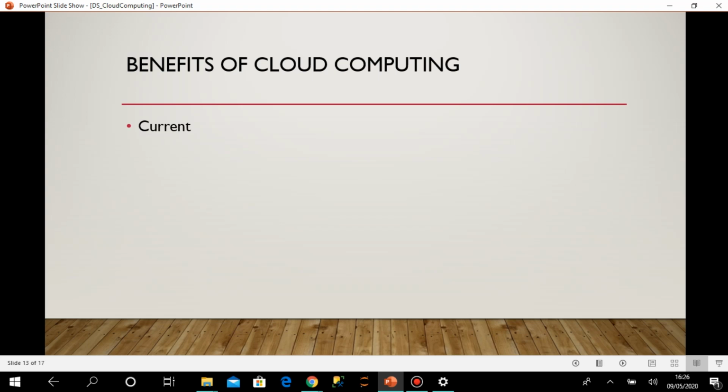So whether it is hardware or software, you always get the best one, the current one. I can say it's a major benefit of cloud computing, because otherwise we always have to bother about these things whenever we are working. But with cloud provider solutions, you don't need to bother.